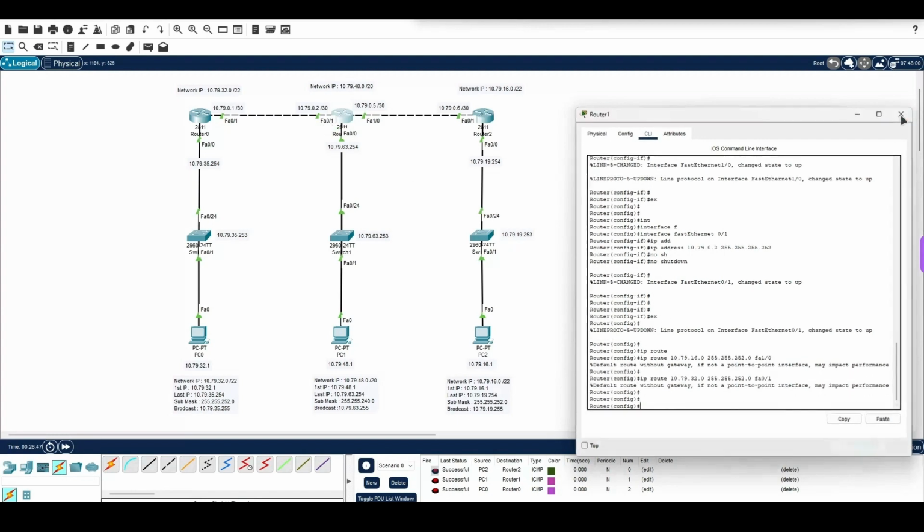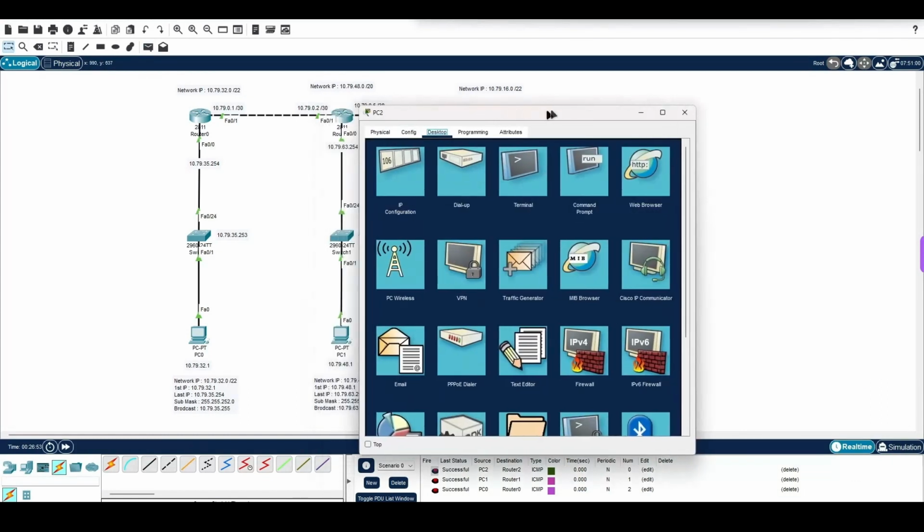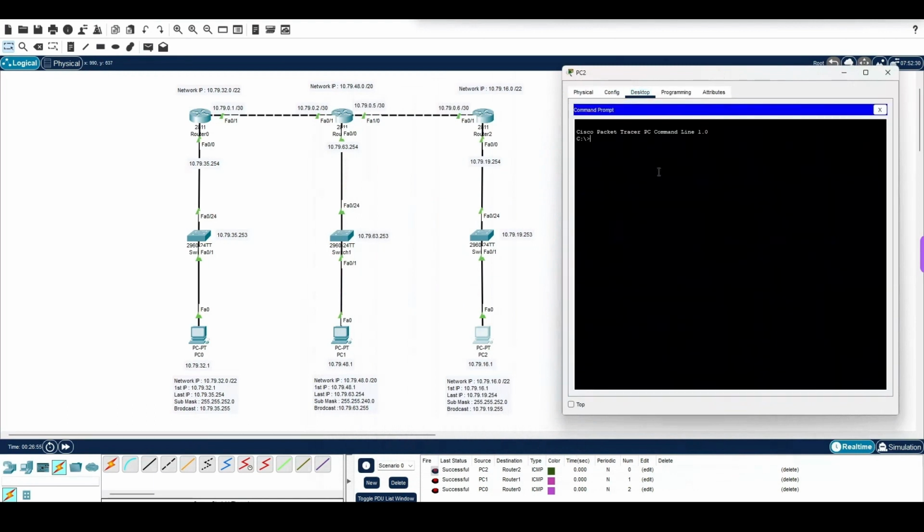Right now, everything is completed. Let's go right now and test our work. We can do that by ping. I will ping this PC from this PC. It takes time.